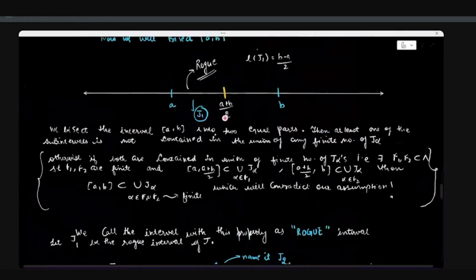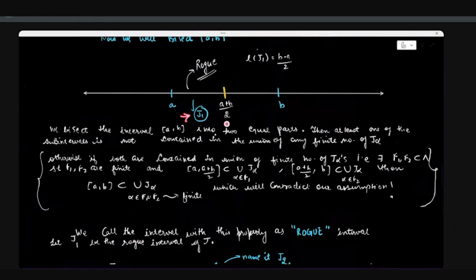Let me say that the interval J1 satisfies the property I mentioned before. It is tedious to say again and again that it doesn't have a finite subcover, so I name this interval the rogue interval. As we have divided AB into two equal parts, the length of J1 is (B minus A) by 2.